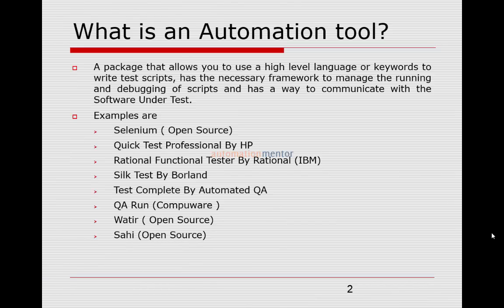And for web application automation, we have a good open source tool called Selenium, which is gaining popularity nowadays, and which supports any rich web based application automation. Apart from that, there are a few other tools like Rational Functional Tester and Test Complete, which support various test automation as well.